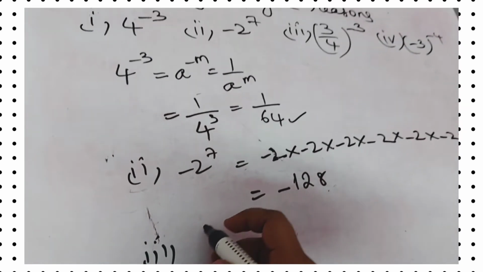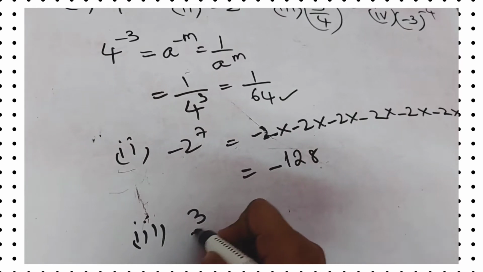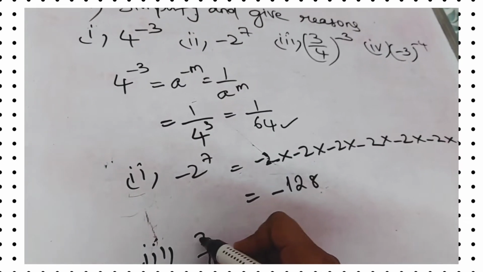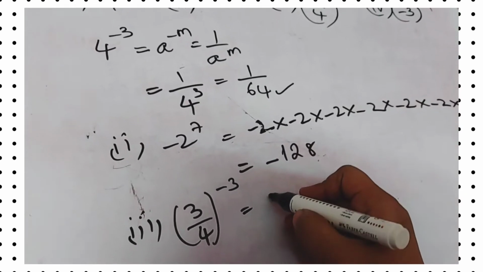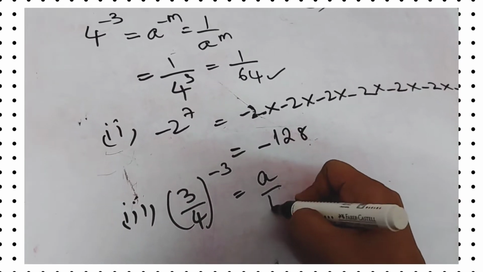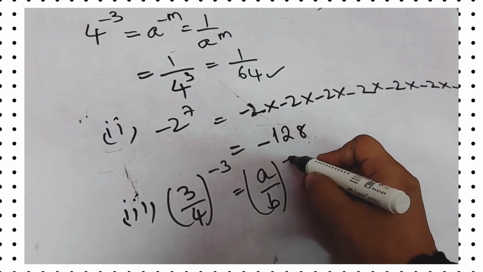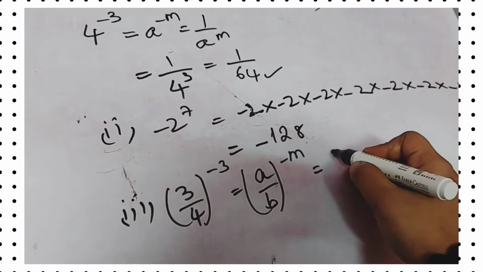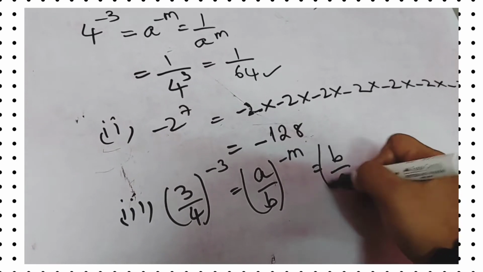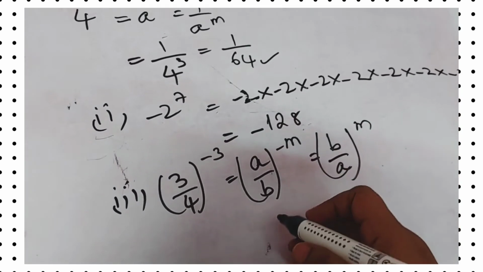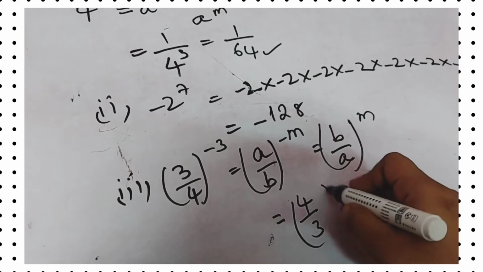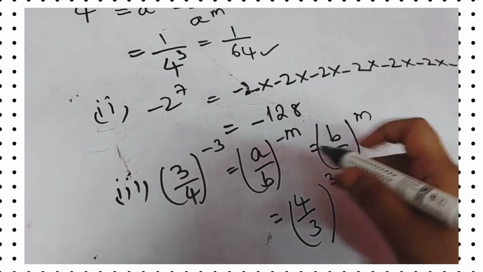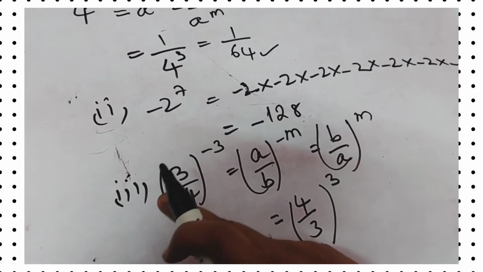Now third one. What is the third one here? 3 by 4 whole to the power of minus 3. So again what we are using here, a by b whole to the power of minus m, so we can write it as b by a whole to the power of m. This law we are using here. So what you have to do, 4 by 3 whole to the power of 3 you have to take. Okay, we are inverting it.